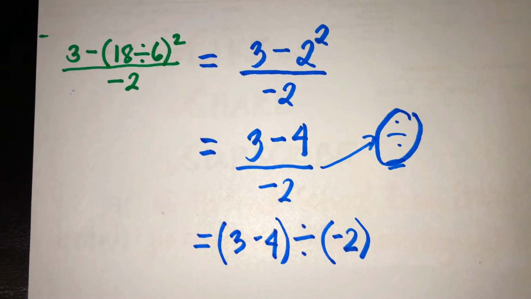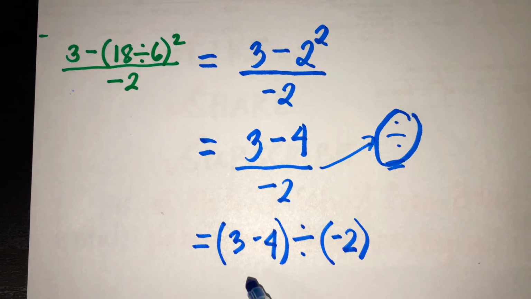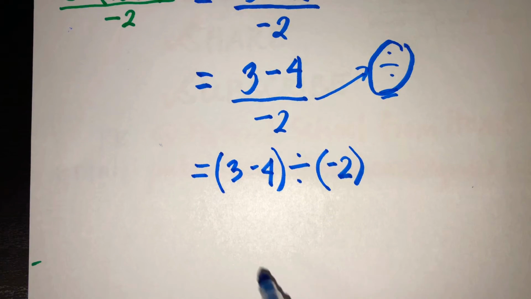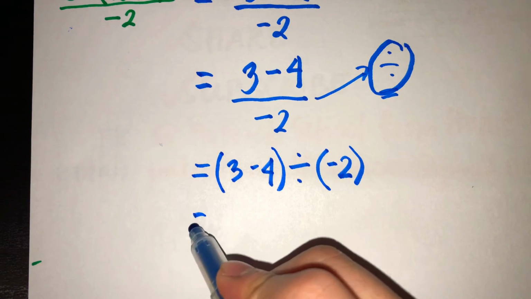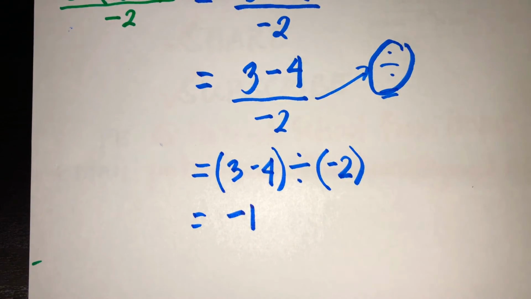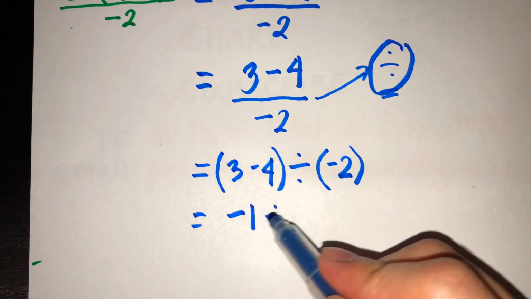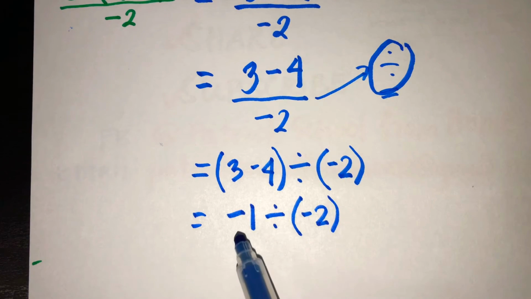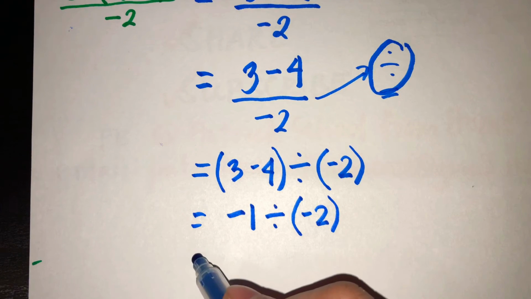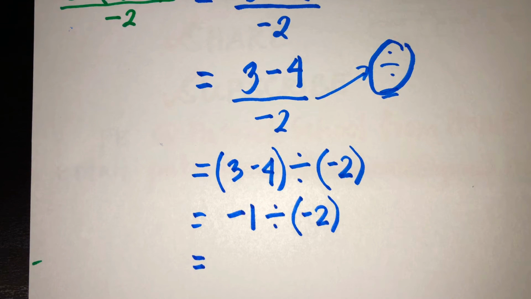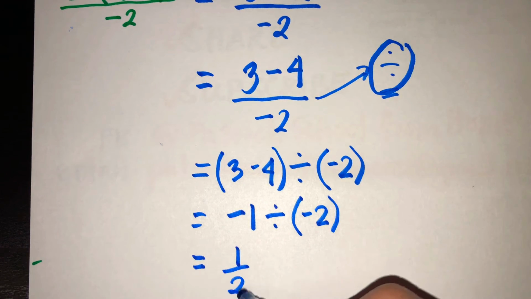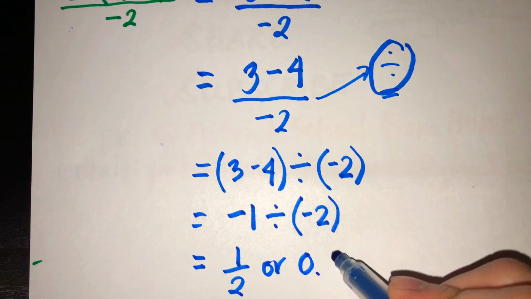Now again, we have a bracket here, so we simplify first the operation inside the bracket. 3 minus 4 is equal to negative 1, divided by negative 2. Then negative 1 divided by negative 2 is equal to 1/2 or 0.5.